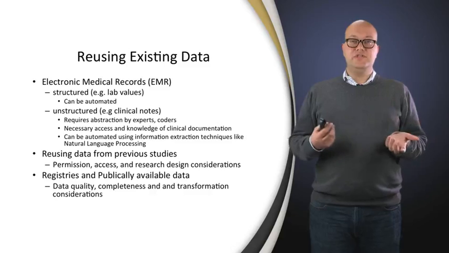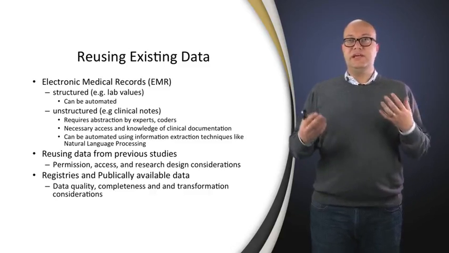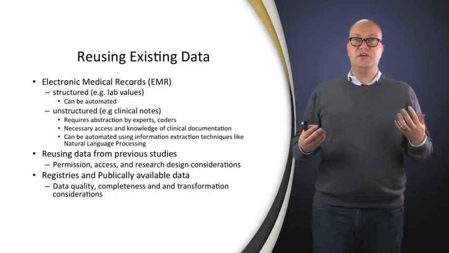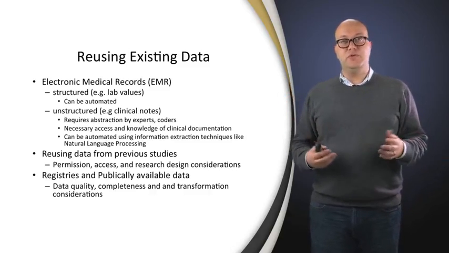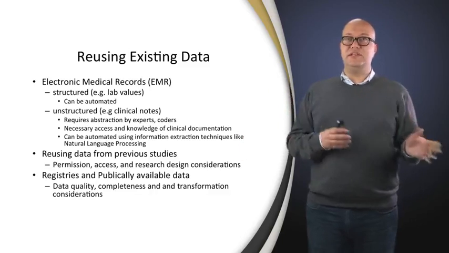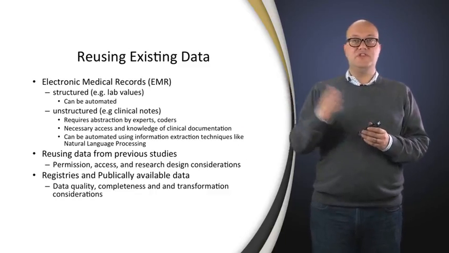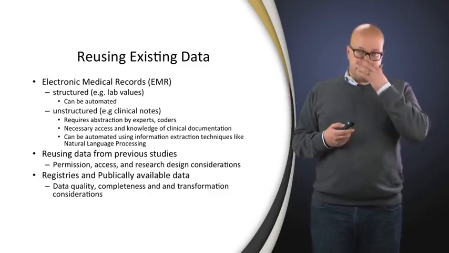And finally, research design considerations. The context of studies may be different, and replicating the same context from one study to the other may not be straightforward, so the applicability or interpretation of that data may be different in the two settings. But other than that, it's a relatively straightforward extraction mechanism.